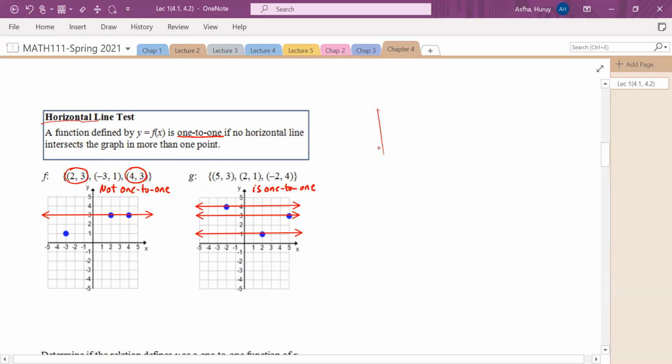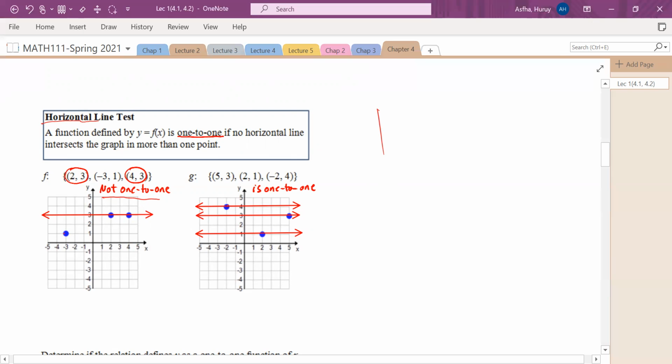For example, if you draw a horizontal line at this point, then this horizontal line touches these two points, which means it's touching this function at more than one point. Therefore, this is not a one-to-one function.